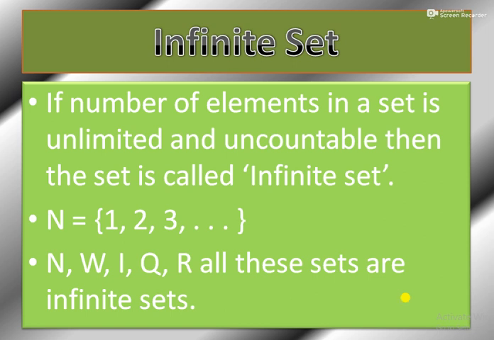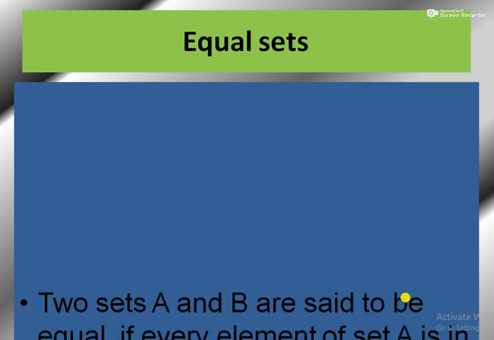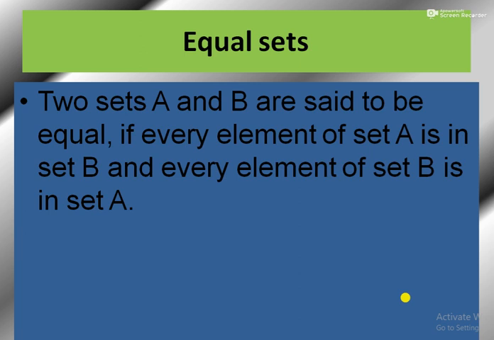Okay. Now see the next one, that is the equal set. Equal set means we are comparing two sets. When we compare the two sets, then only we can find whether these two sets are equal or not.